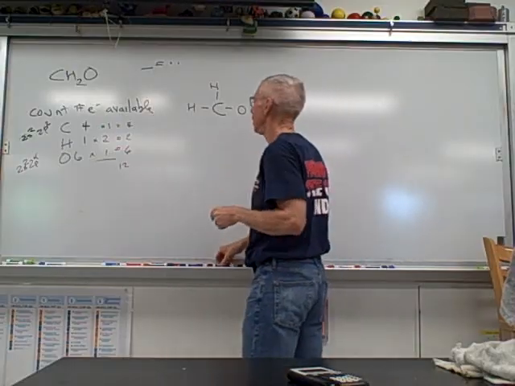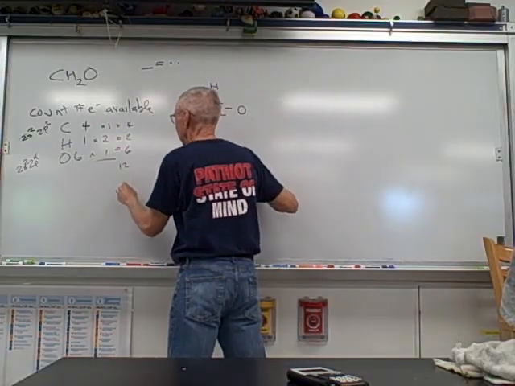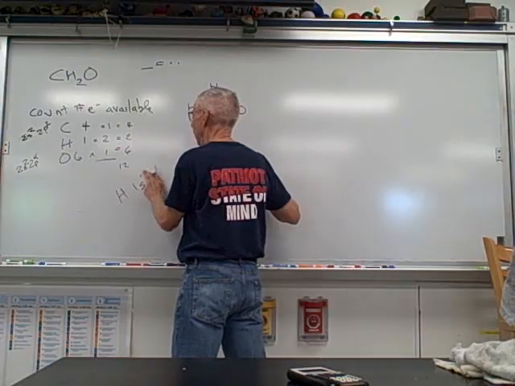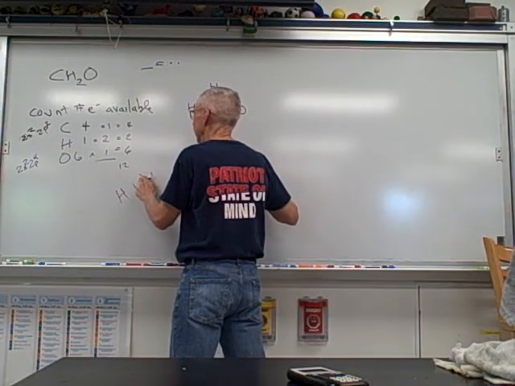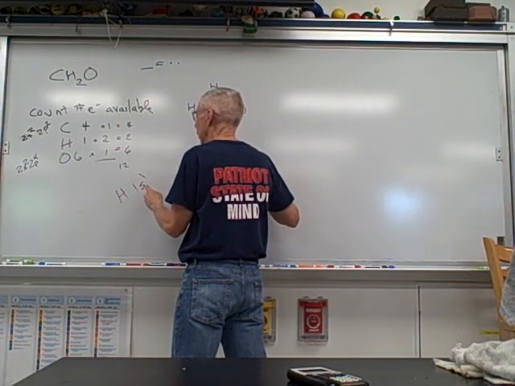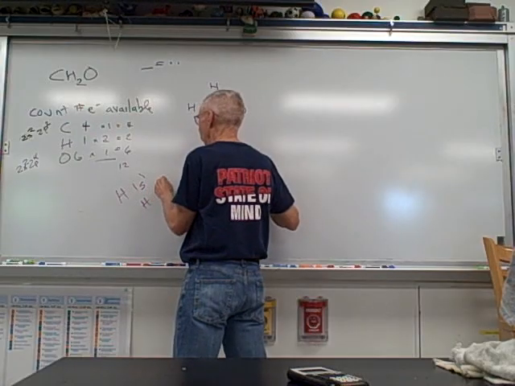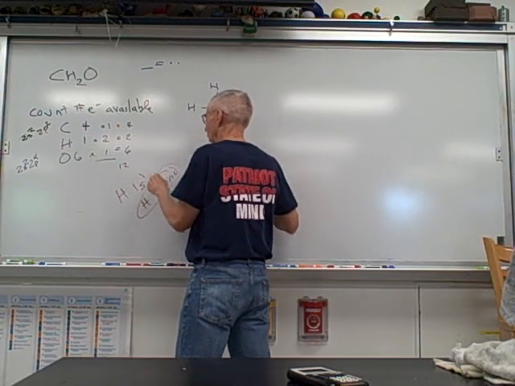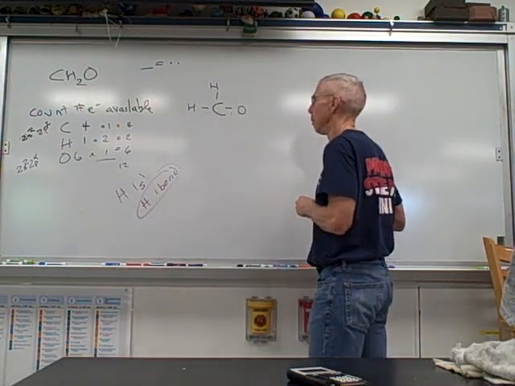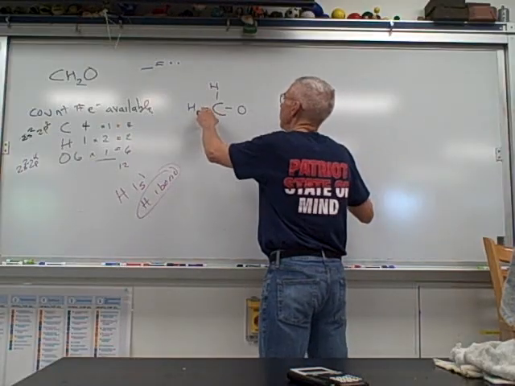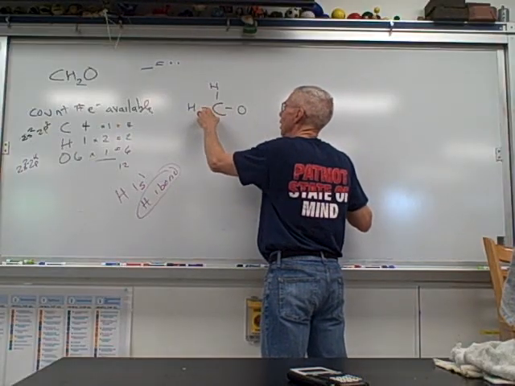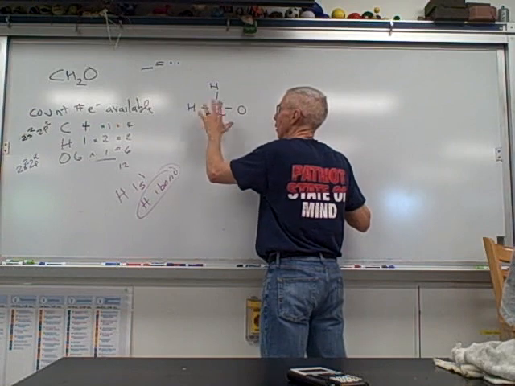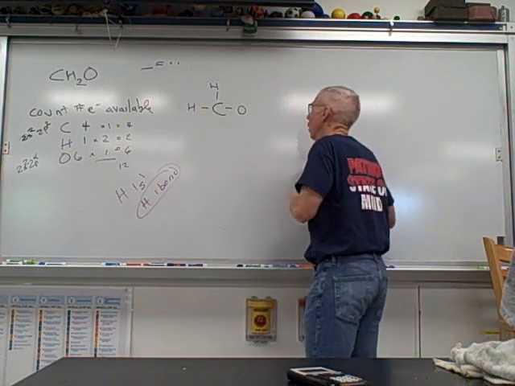Okay, now let's think about this. If hydrogen is 1s1, how many more electrons can hydrogen take? 1. So hydrogen can only have 1 bond, ever. So hydrogen has the number of electrons that it can possibly take. Pretty good? Okay.